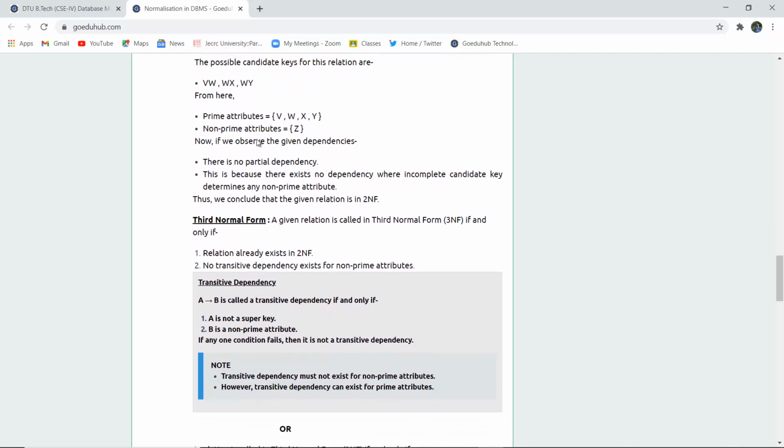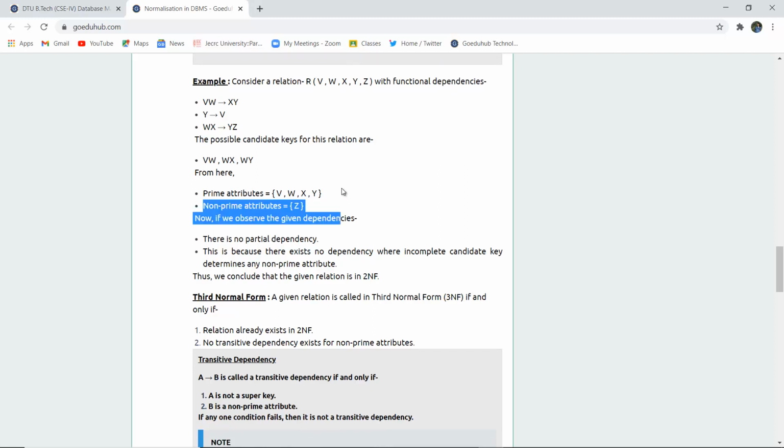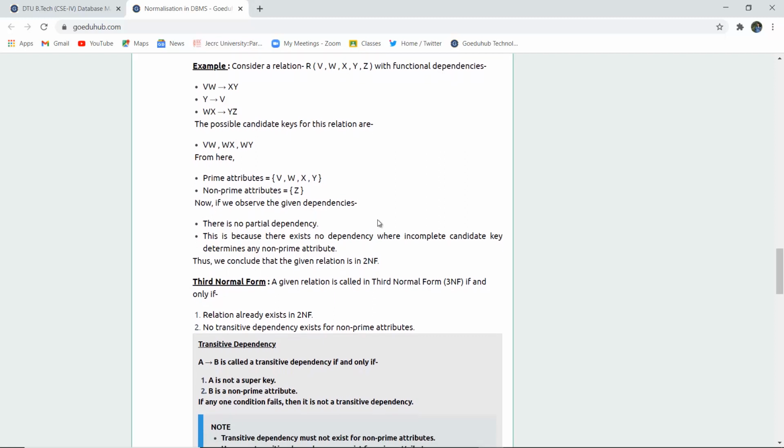From here we can see that the prime attributes are V, W, X and Y. Z cannot be a prime attribute because it does not belong to any candidate key, so Z is non-prime.